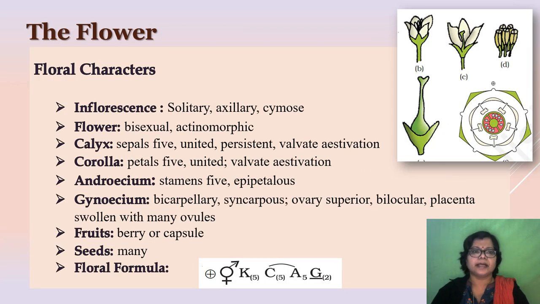Now the floral characters. Inflorescence, in case of Solanaceae, it is solitary axile and cymose, that is flower at the tip of the floral axis. Okay, or in some family it may be racemose, but here it is cymose. Then the flower is bisexual, that is complete flower, actinomorphic, calyx, that is sepals are five, united.